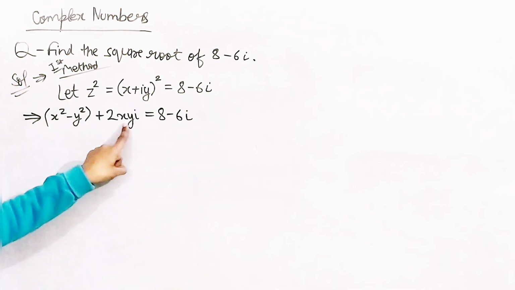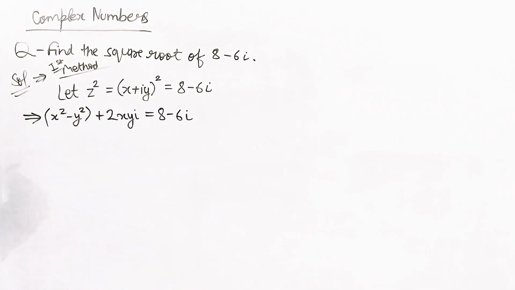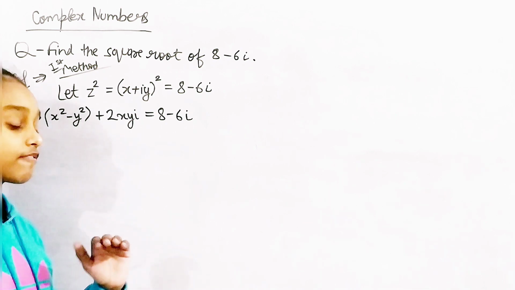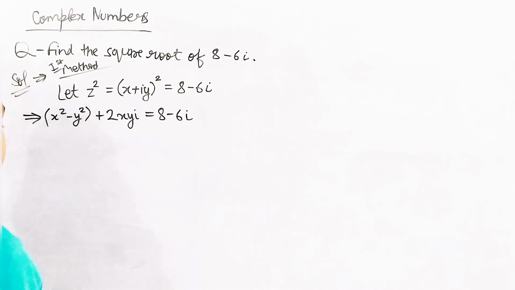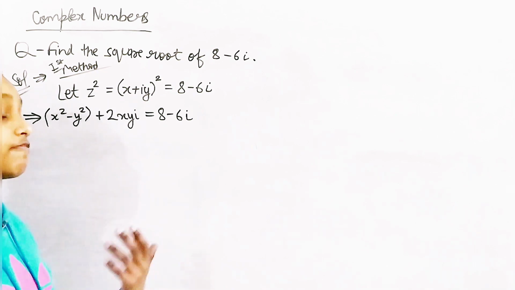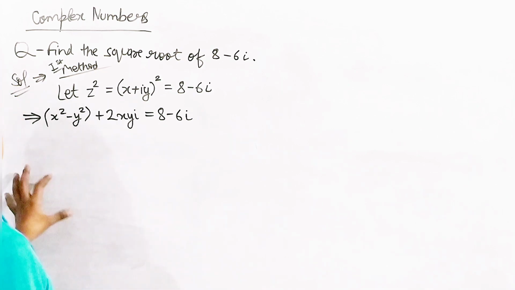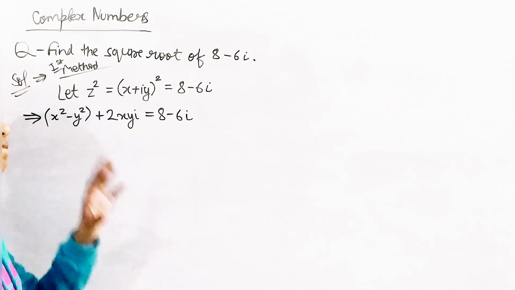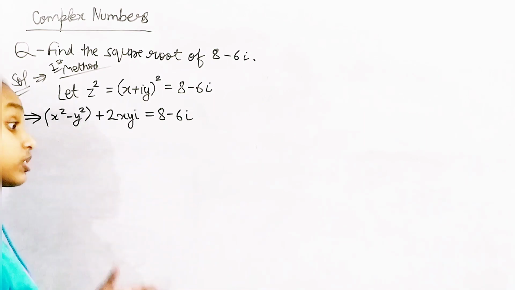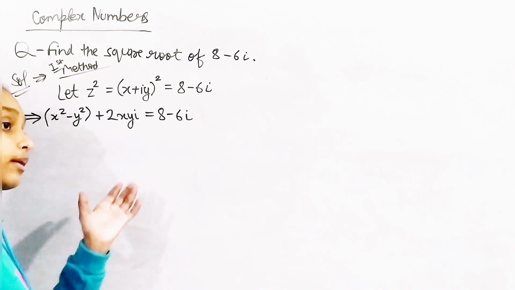To find the square root of a complex number, basically we first square both sides, and on simplifying we get something like this, and then we compare the real and imaginary parts.